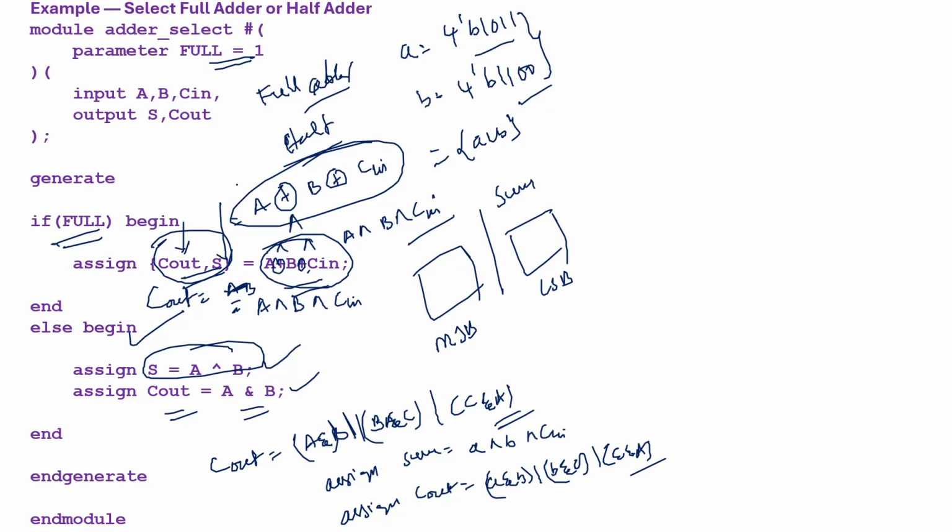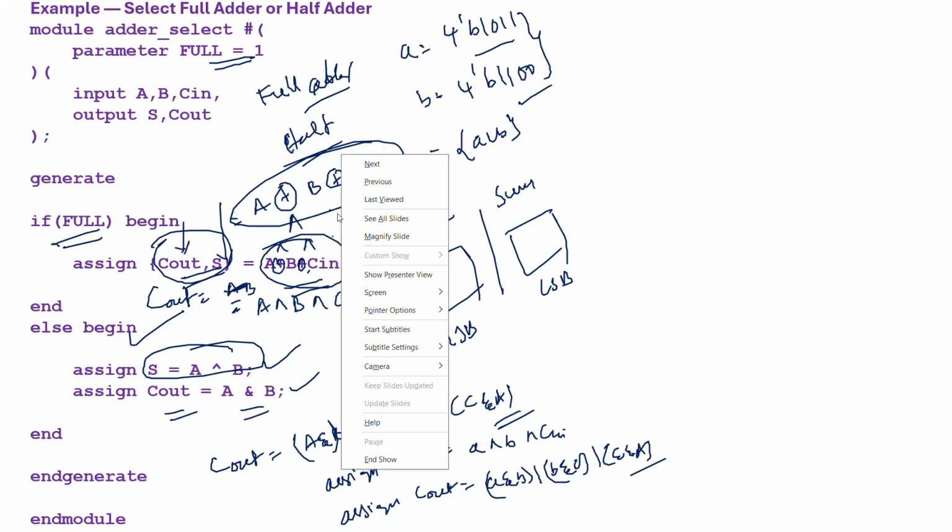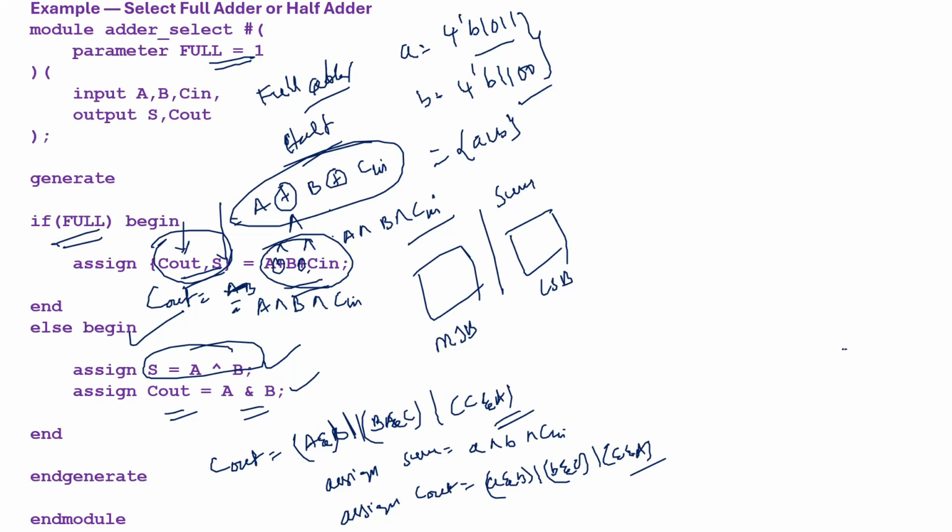Sometimes we are writing a triple carry adder. At that time my sum and carry will be obtained at the same time, so you can use the concatenation. Suppose a triple carry adder, how can we build it? This is one full adder and this is another full adder. A and B inputs I am giving, I am getting the sum output, the previous carry input is 0, and the next carry I am getting as the output here.